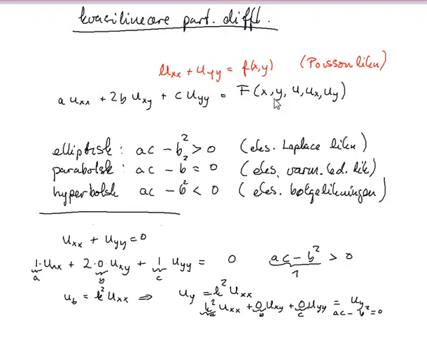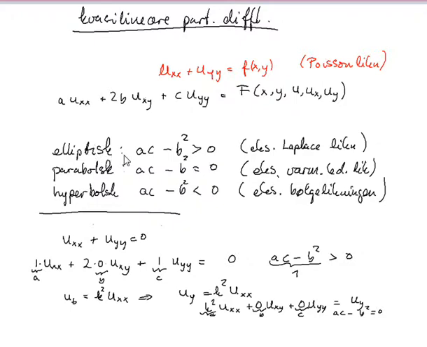So instead of using x, y, we can replace it by y. And it's a function of u and the first order derivatives of u. Let us just say some words about classification of quasi-linear partial differential equations.